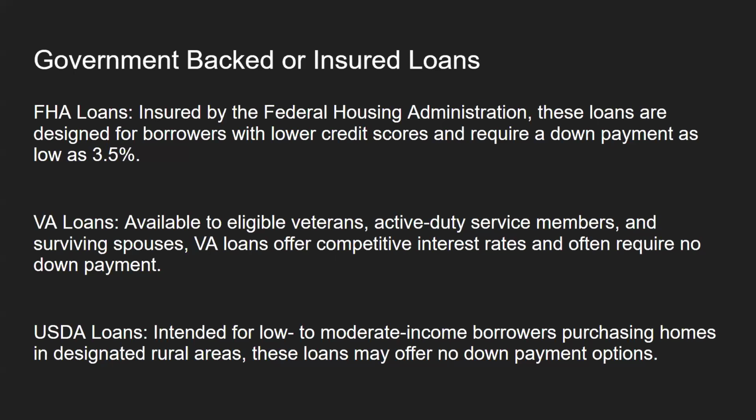These are eligible for veterans, active duty service members, and surviving spouses. VA loans offer competitive rates, and oftentimes no down payment is required. And then we have USDA loans. These are intended for low to moderate income borrowers purchasing homes in designated rural areas, and they may offer a no down payment option as well, right?